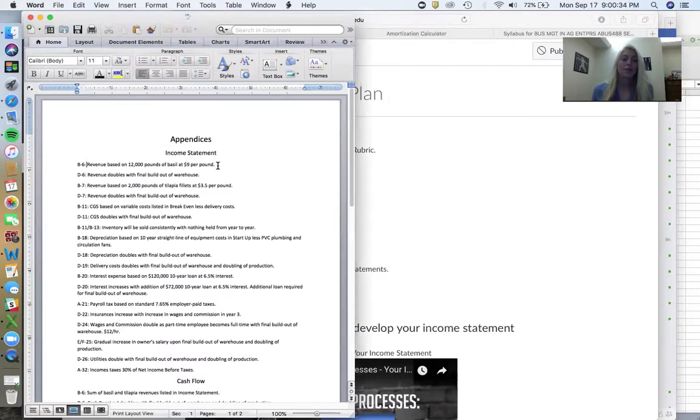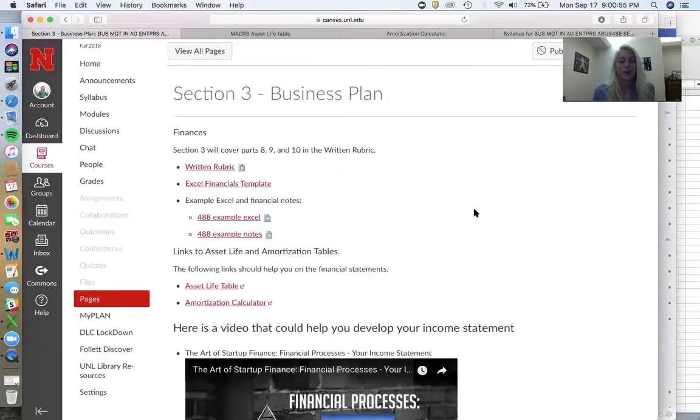If you have receipts or references of where you got these numbers, put them in there as well. I really look at this notes page to help me grade it and understand what your brain was thinking when you put them down, so I can help you correct it if it needs correcting, and it also helps the investor understand what you're thinking.